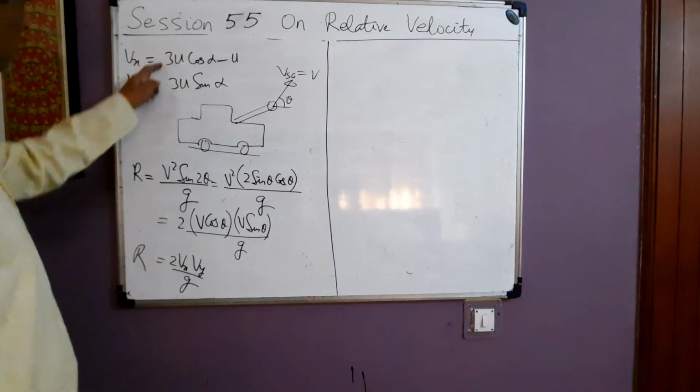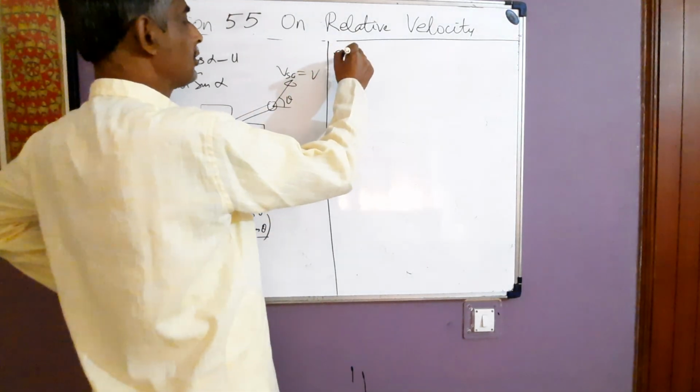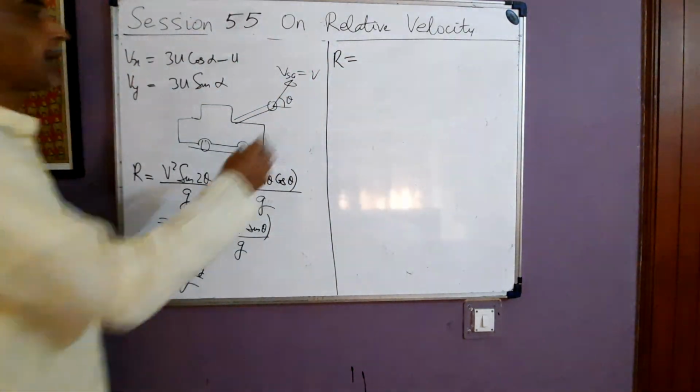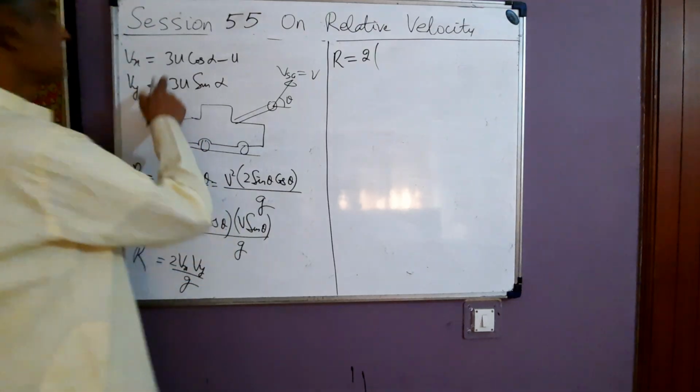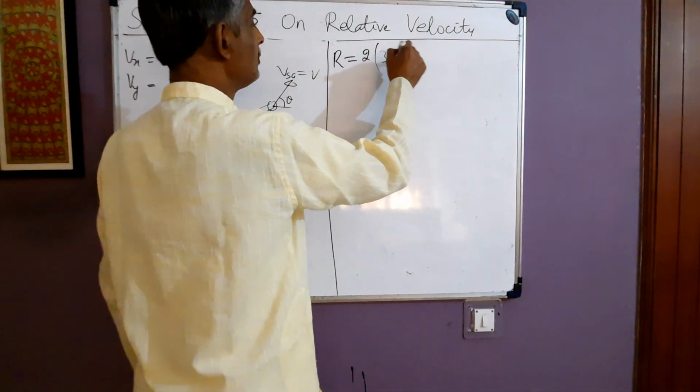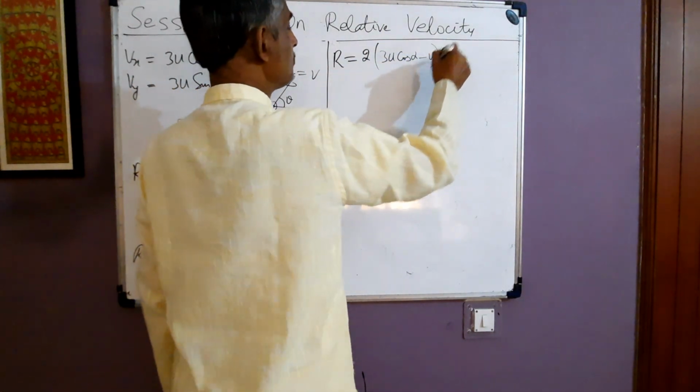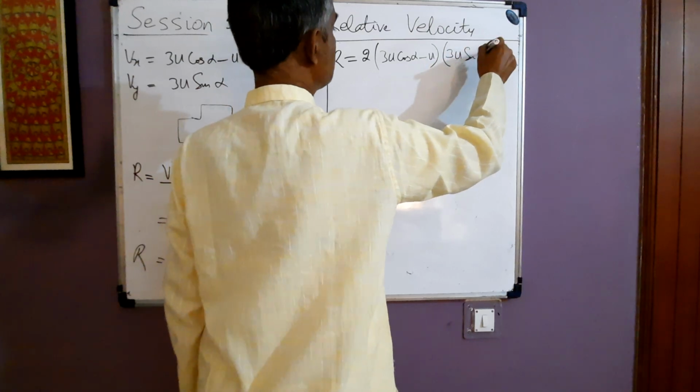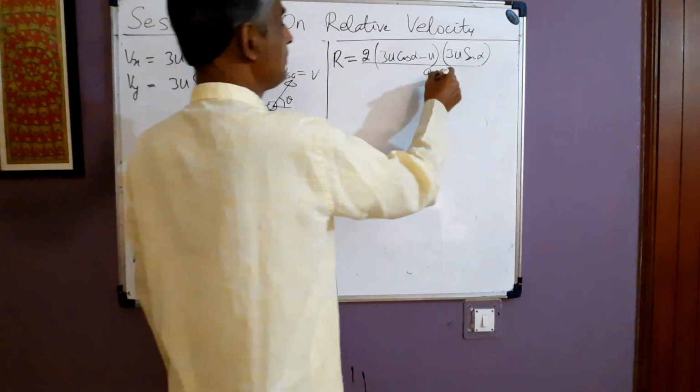So substitute Vx and Vy in this. Therefore, our horizontal range of the shell R is 2 times Vx, which is simply 3u cos alpha minus u, into Vy, which is simply 3u sin alpha, by g.